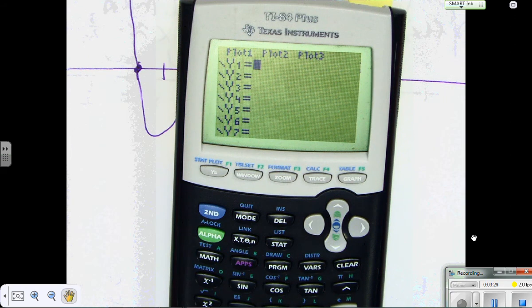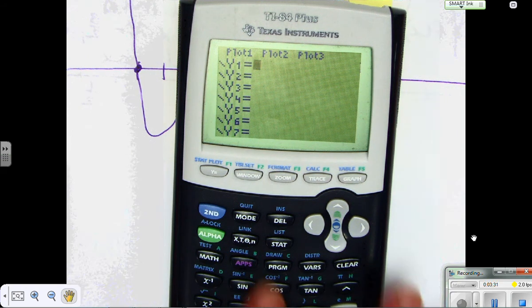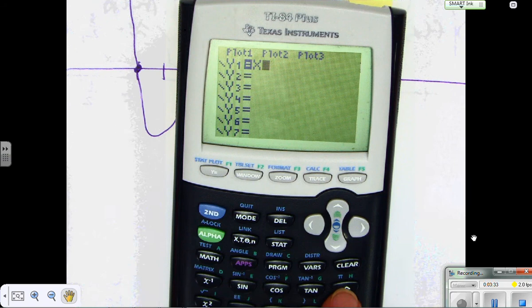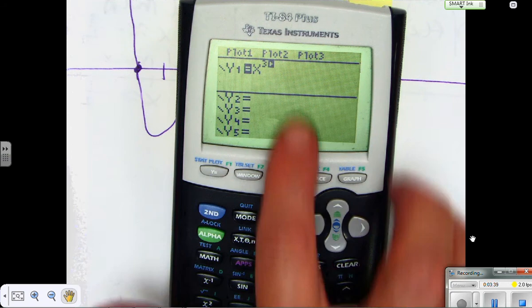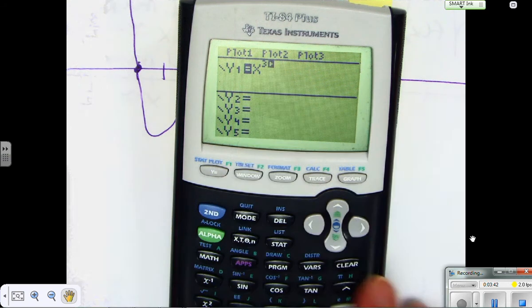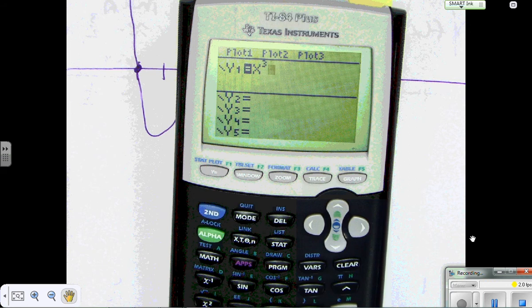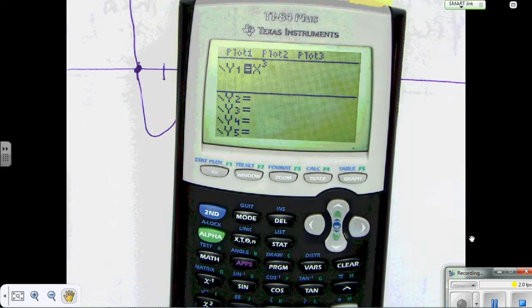Okay, so let's type in number 5, x to the third. Use your little caret button to get your exponent. And my exponent stays up there flashing until I press the arrow to go over. Not everybody's does that.